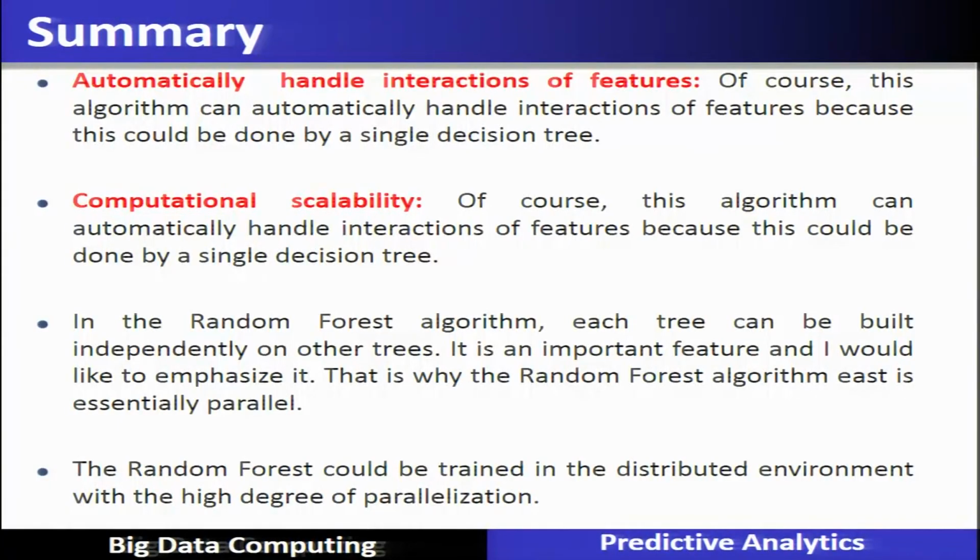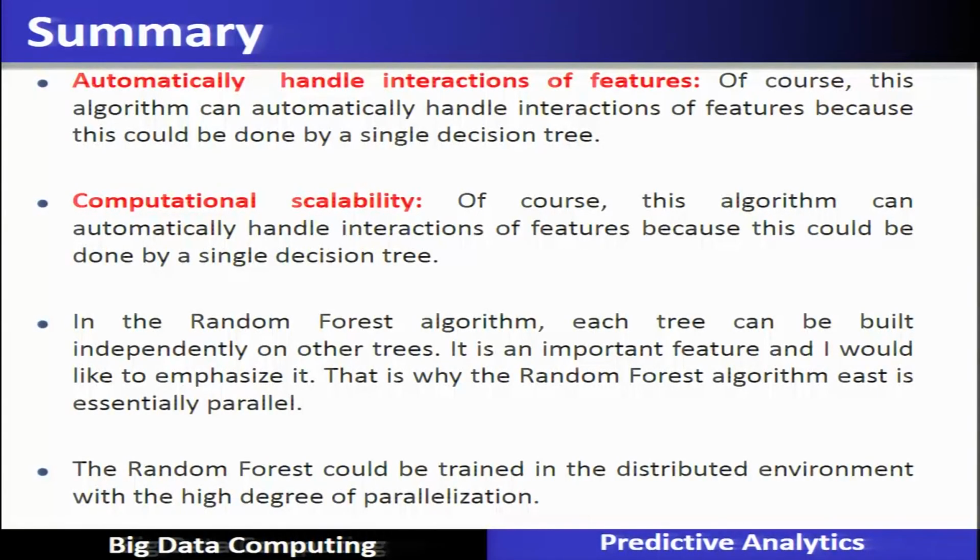Now, computational scalability is also there in the random forest. In the random forest algorithm, each tree can be split independently of the other trees. It is an important feature, and I would like to emphasize it. That is why the random forest algorithm is essentially parallel, so random forest could be trained in a distributed environment with a high degree of parallelization.